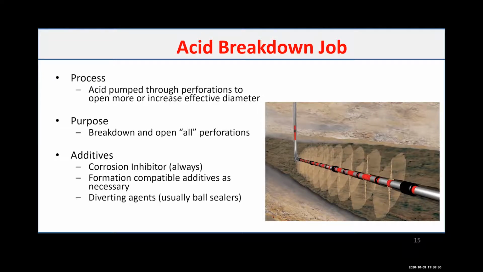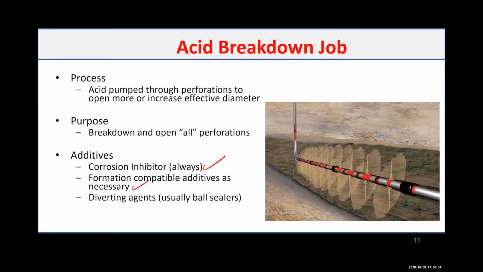Sometimes people call it an acid spearhead, which you pump in front of the frac to clean the perforation. Typical additives, as usual, include a corrosion inhibitor. We are targeting the perforation here, so the acid will definitely go inside the formation. Therefore, you need to be sure you have the formation compatibility additives with you.